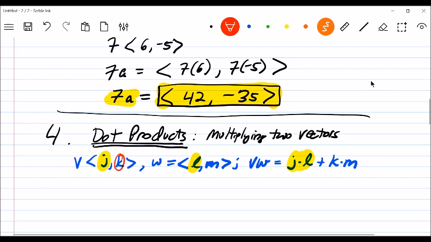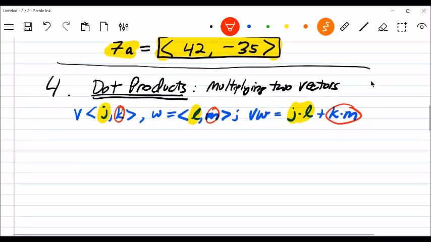The K and the M become K and M multiplied. Let's do that here.